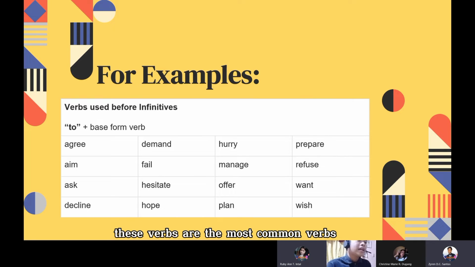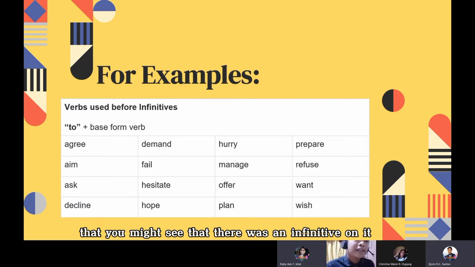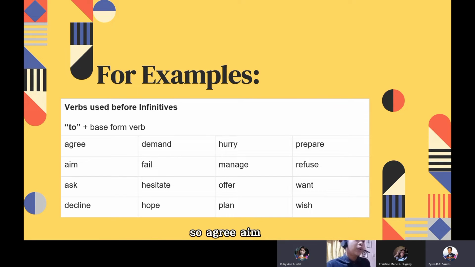These are the most common verbs that you might see with an infinitive: agree, aim, ask, decline, demand, fail, hesitate, hope, hurry, manage, offer, plan, prepare, refuse, want, and wish.